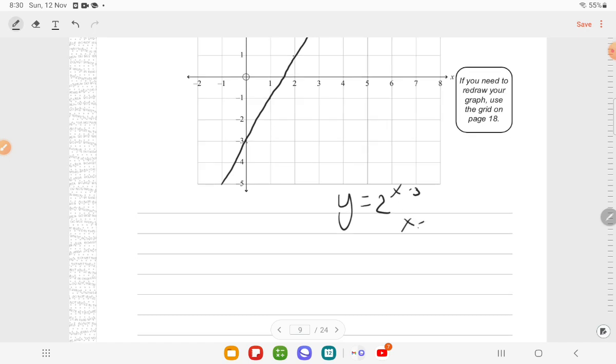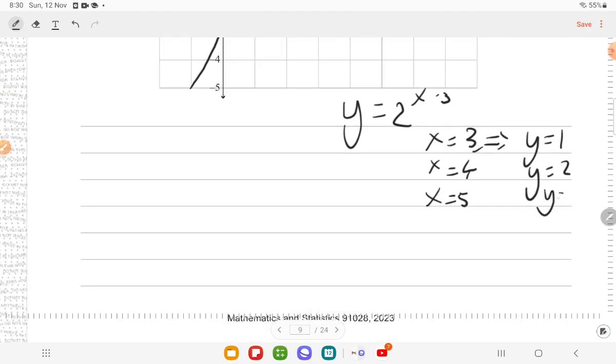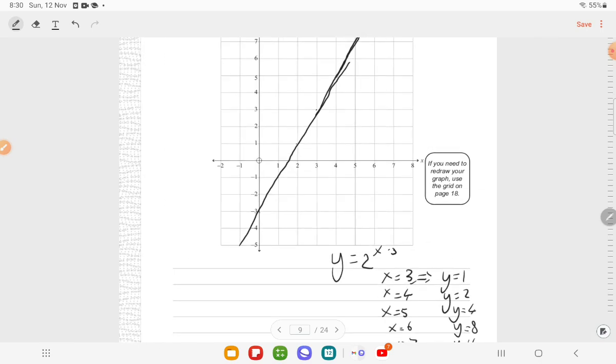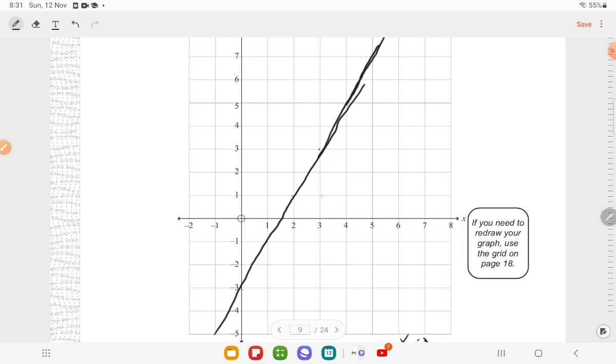x equals 3, y equals 1. x equals 4, y equals 2. x equals 5, y is equal to 4. x equals 6, y equals 8. x equals 7, y equals 16. So where x equals 3, y equals 1, then 2.